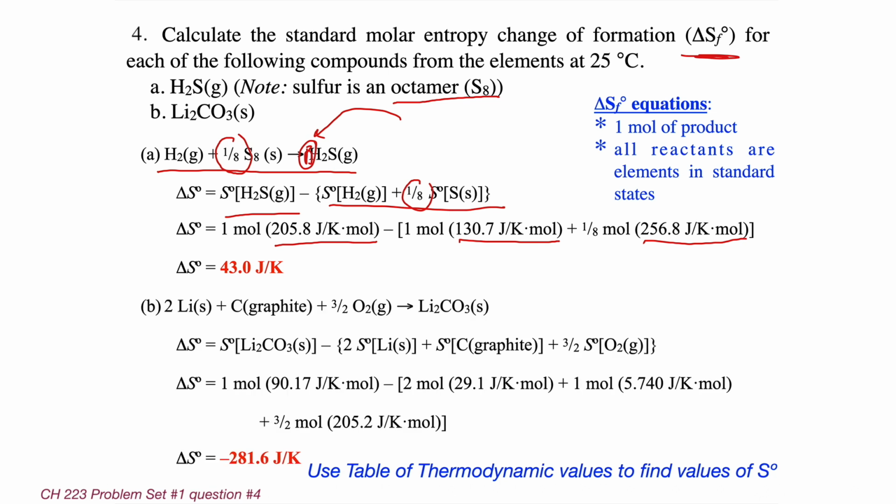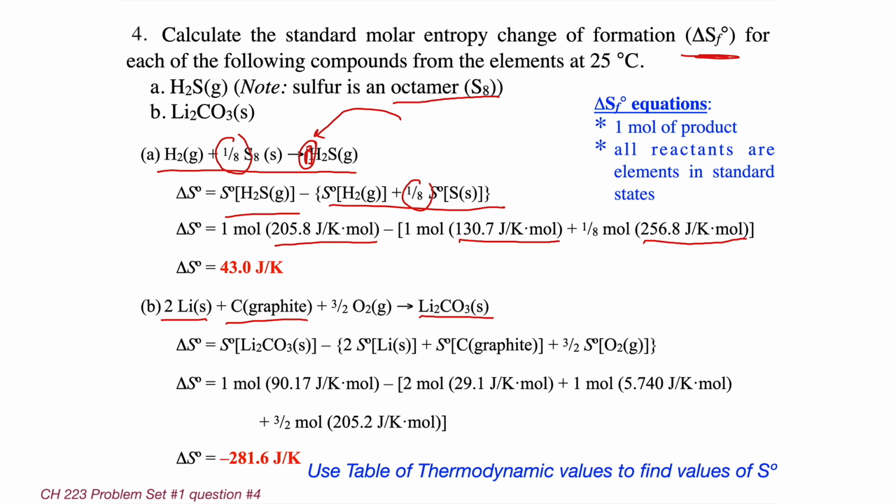Similar thing on the second one, only now we're going to have just 1 mole of Li2CO3, and if we do, then we're going to have just the elements in their standard states on the reactant side. There are 2 lithiums in the Li2CO3 formula, so we'll have 2 of those. Carbon exists as graphite, diamond, and a couple other forms. Graphite is the most stable and common form, so we would use graphite, don't use diamond.